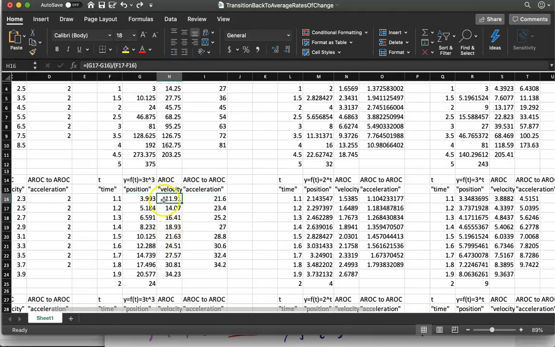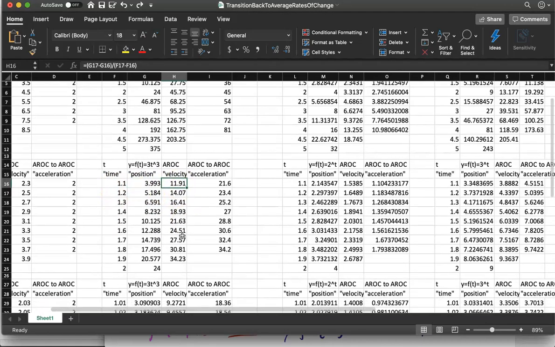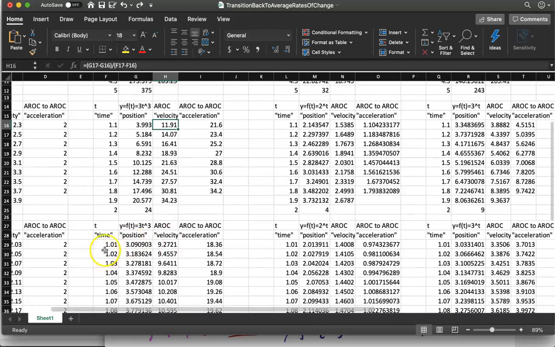We could do the average rate of change again: 11.91, so we would do 5.184, this one minus that one, divided by 0.1, and you get 11.91. If we made the time spacing smaller, right here, can you see what's happening? 9.27.